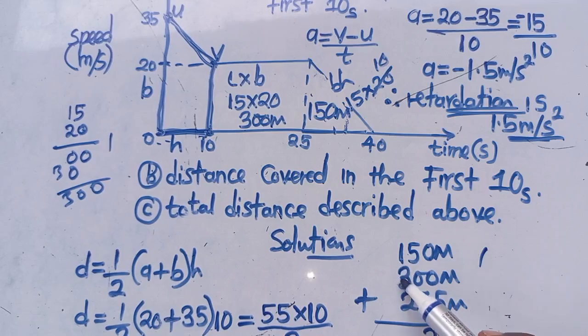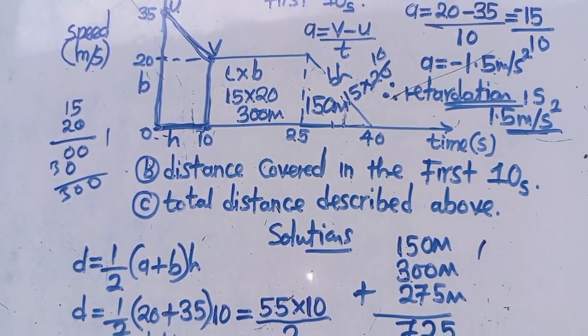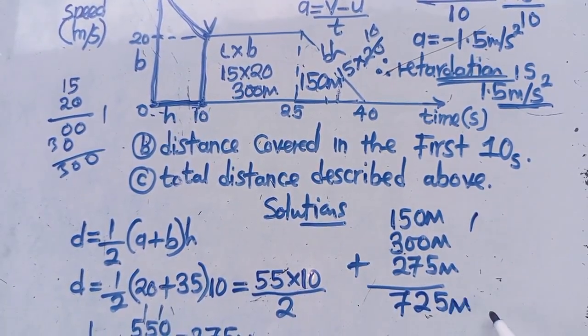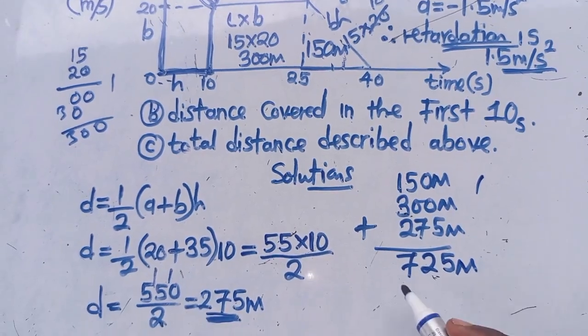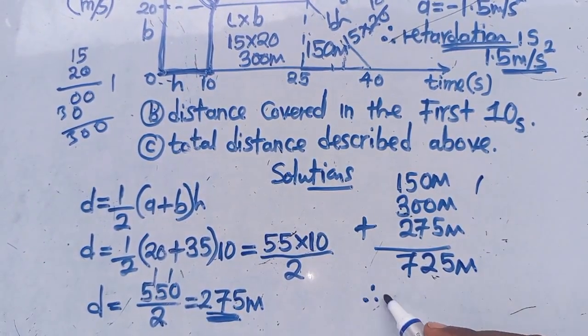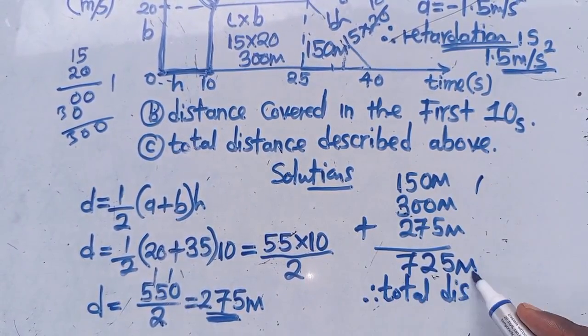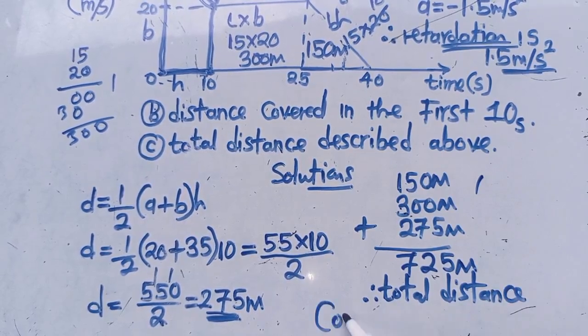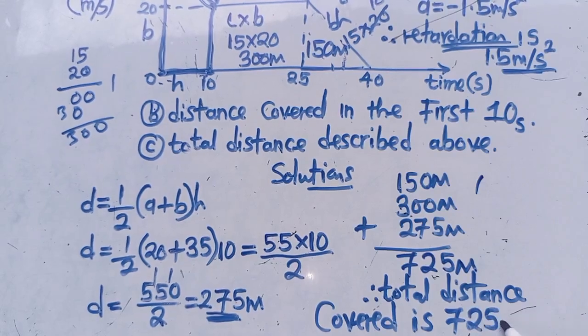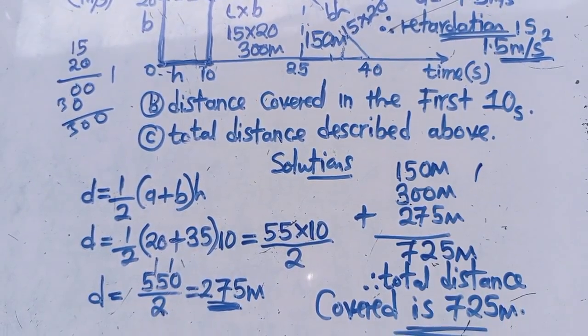This is 4, 5, 6 plus that one, 7. 725. So 725 meters. I now just say, therefore, total distance covered. So the total distance covered is what? 725 meters. This is the answer. You are done. Just like that.